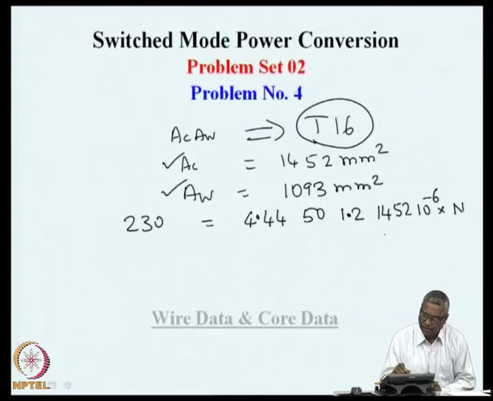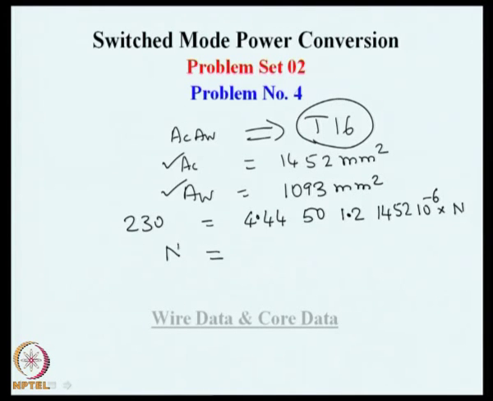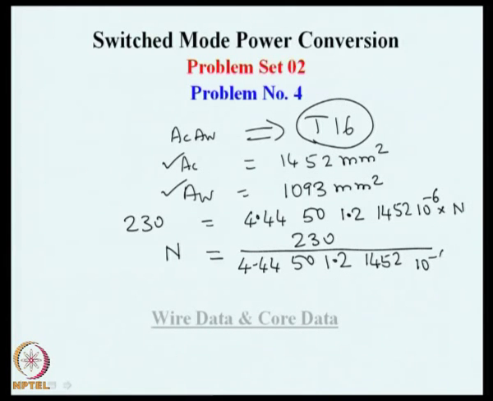So, from this relationship, it is possible to find out our N1: 230 divided by 4.44, 50, 1.2, 1452, 10 power minus 6, and that is 595 turns.